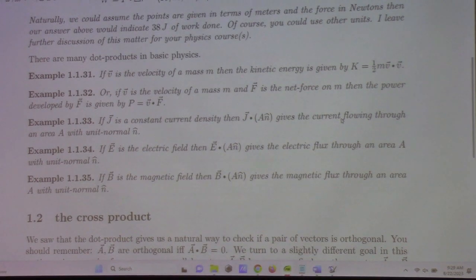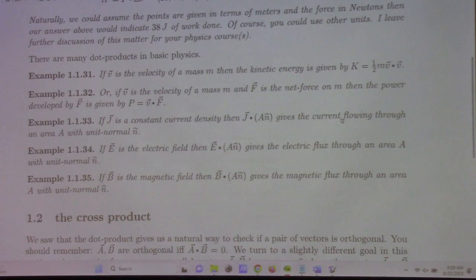The velocity dot the force is the power that the force develops. And then you have these other examples from second semester physics. The most basic thing, of course, is that the dot product of a force with a displacement gives you the work done by the force if the force is constant. We'll come back to that later when we talk about how to calculate work done by a non-constant force over a curve, but that's much later.